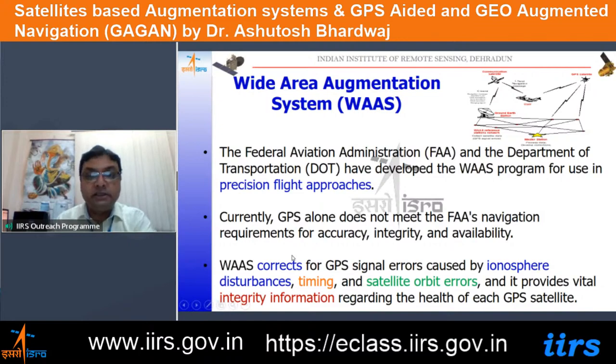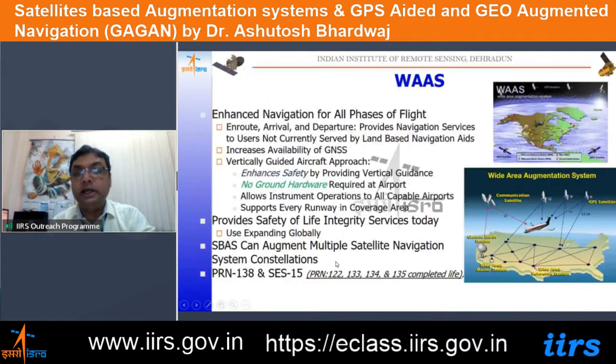So this SBAS system is able to do the corrections for the ionospheric errors, timing, and the satellite orbital errors. All these corrections are done along with the integrity check. Integrity, as I told, is the most important thing.